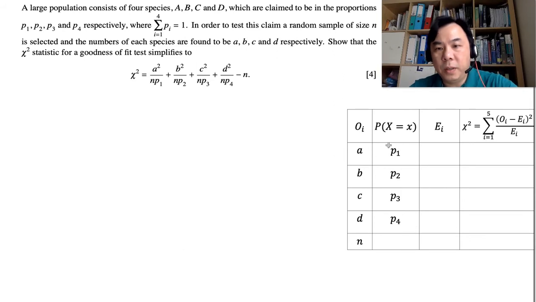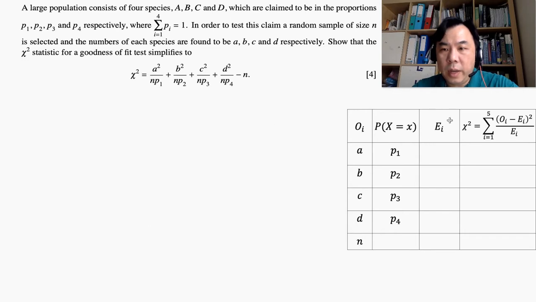We will also have the expected frequency, and the proportions P1, P2, P3, and P4. We know that the total observed frequency must tally to n, because that is the size of the sample that we are handling in this case.